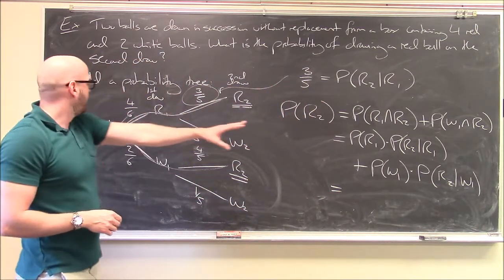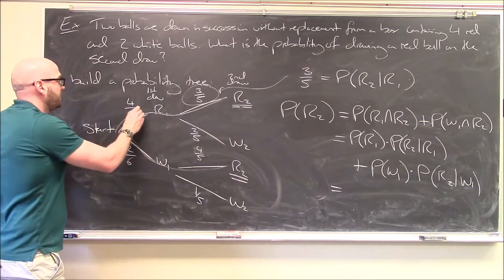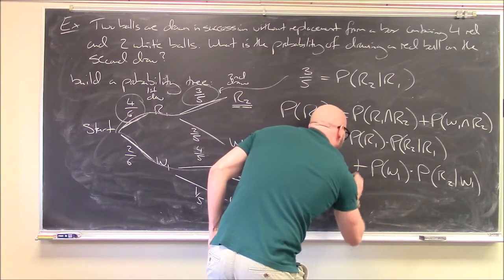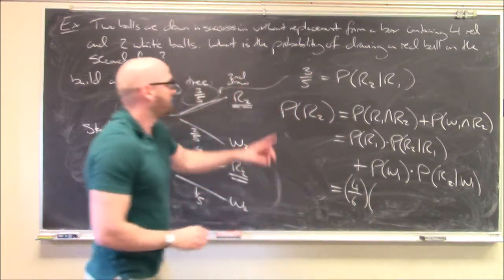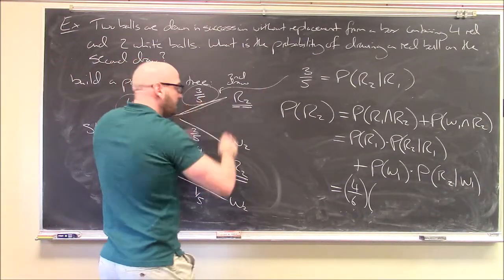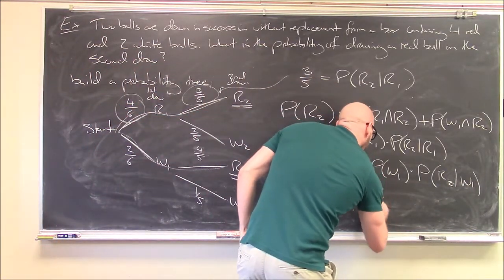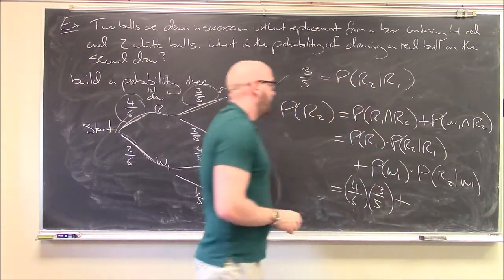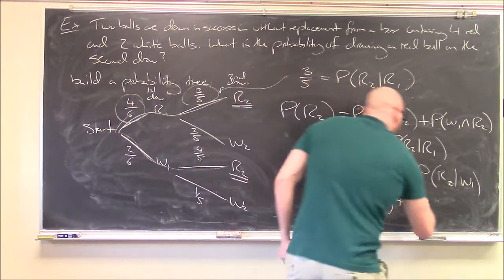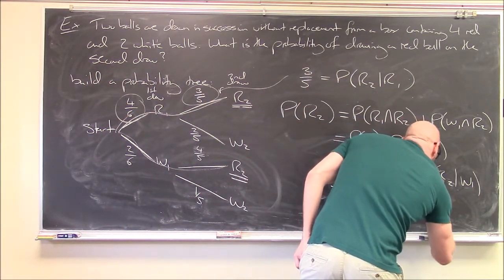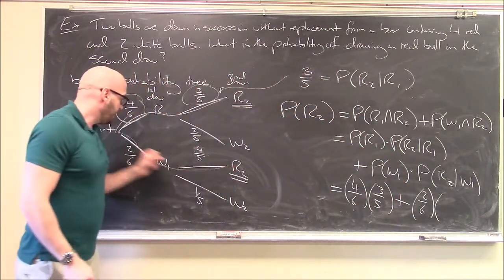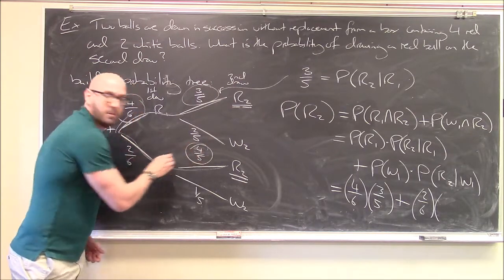So what are these? What's the probability of R1? Well, all these numbers that we need are written down here. It's 4/6, times the probability of R2 given R1. Well, we already noted that's what this number is, right? That's 3/5. Plus the probability of W1 is 2/6, times the probability of R2 given W1, that's what this number represents.